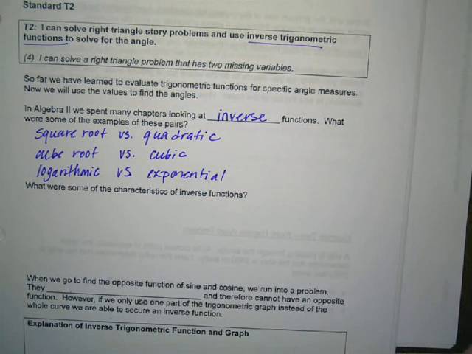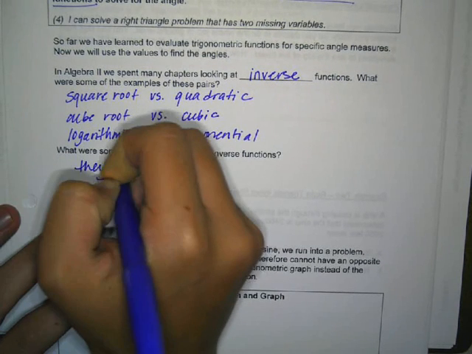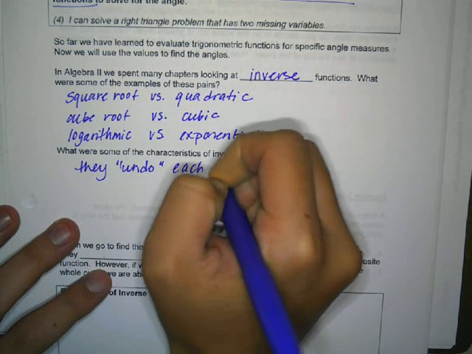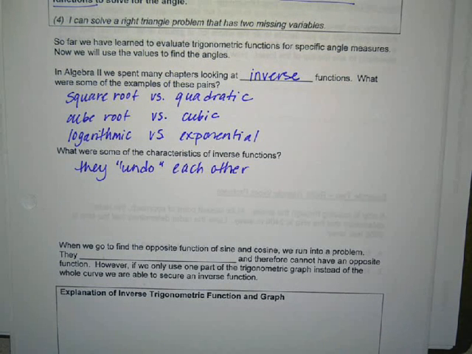Some of the characteristics of the inverse functions. Their main characteristic is they undo each other. So they cancel each other out. When you take the square root of a square, you cancel out the function part of it.